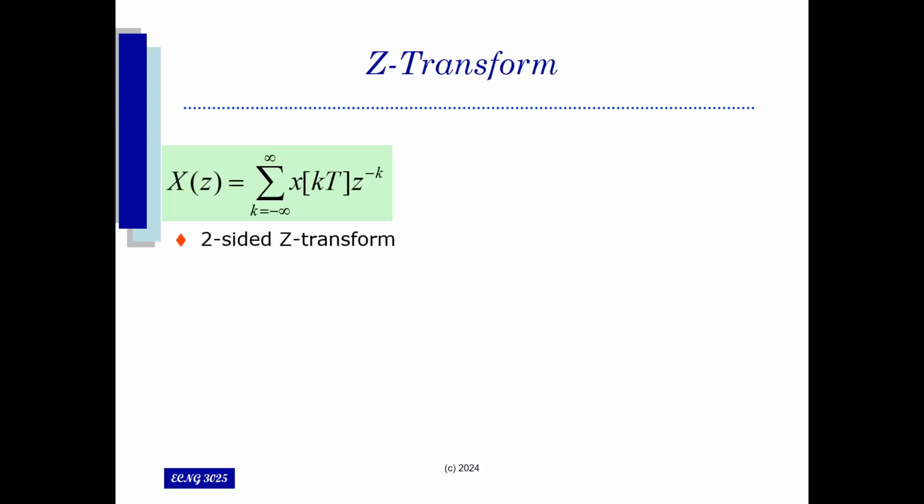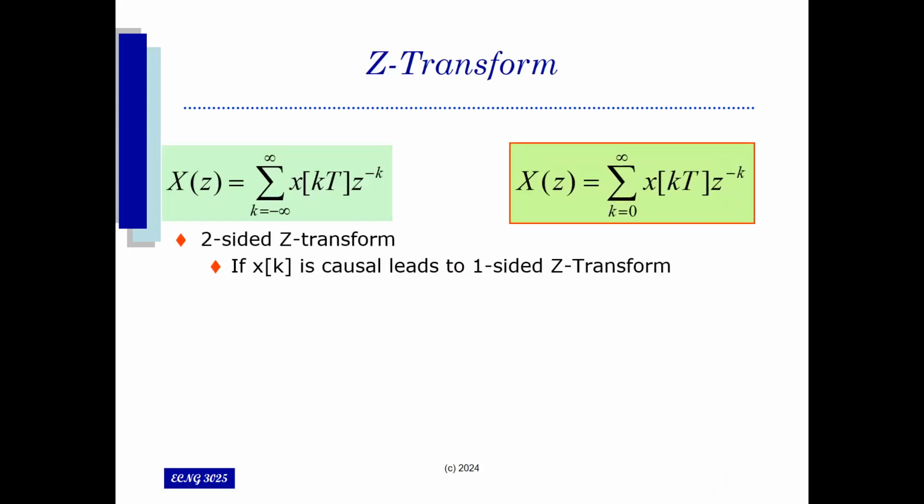That was a two-sided transform. And of course, if you're dealing with a one-sided transform, where you know that the data you have for x(kT) starts at 0, then the summation will start at 0. So this is the one-sided version. One-sided or two-sided, like the Laplace transform, just depends on what you're doing with that lower limit there. Fair enough?